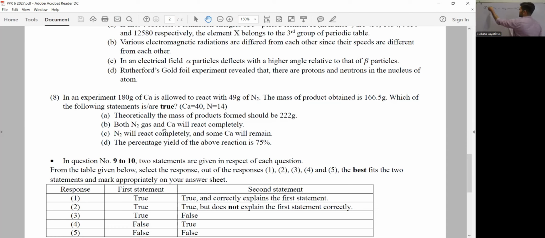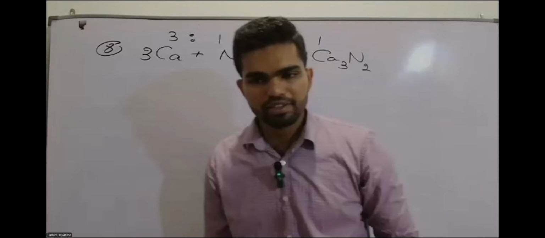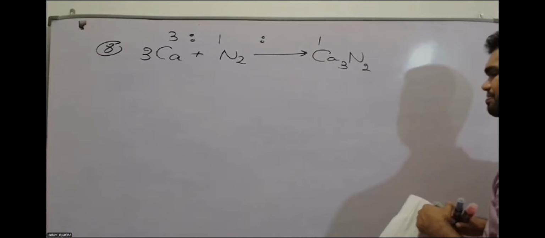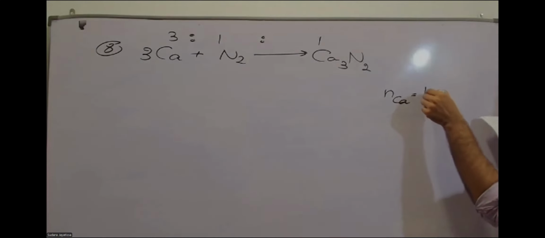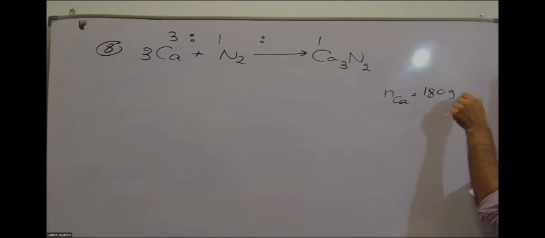So you will need 3 calcium, and the stoichiometry ratios will be 3:1:1. It gives the calcium in grams. First of all, let's apply the ARR method. The moles of calcium: divide 180 grams by 40 grams per mole.